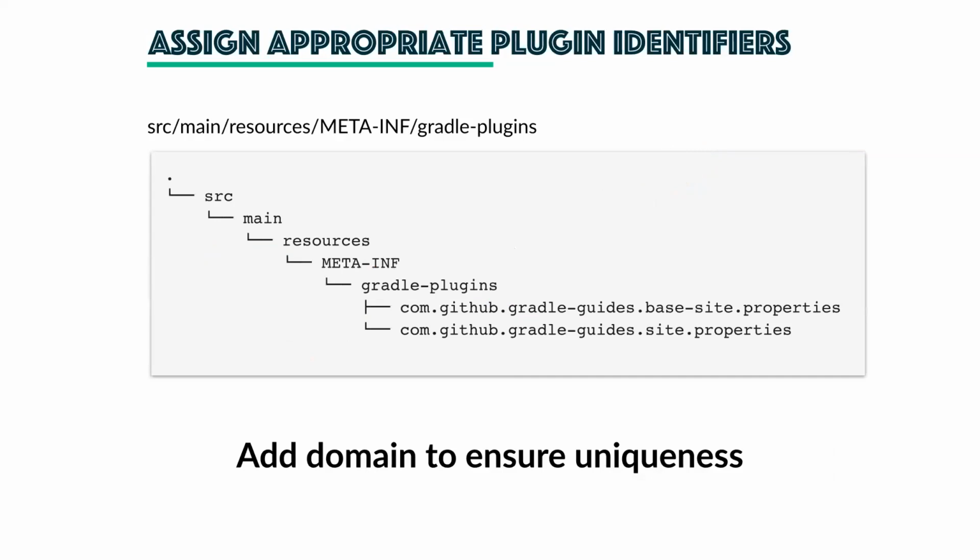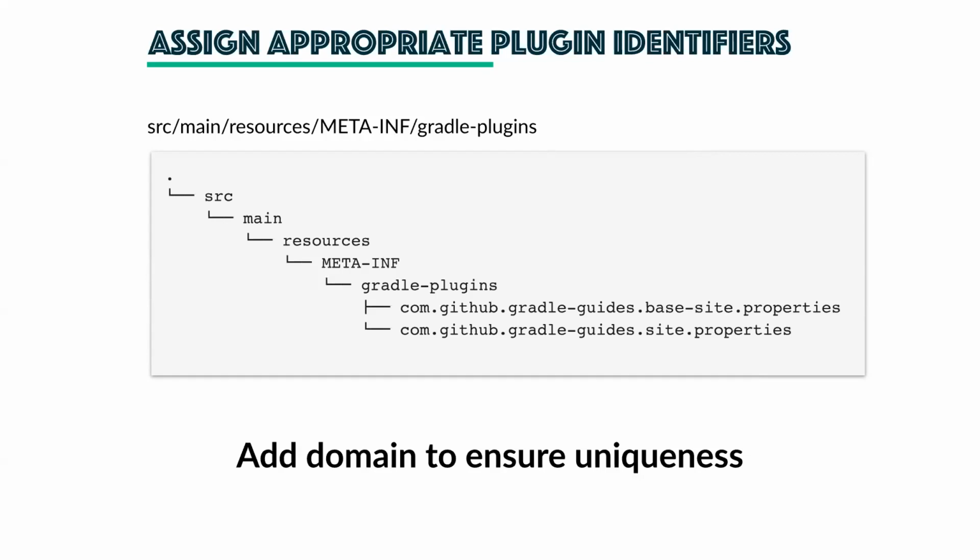When you write your own plugins, you can apply plugins either by type or by identifier. Usually the better option is to apply plugins by an identifier. That's the typical way of applying plugins that you usually find in the Gradle documentation, but also in external plugins, in the external documentation.